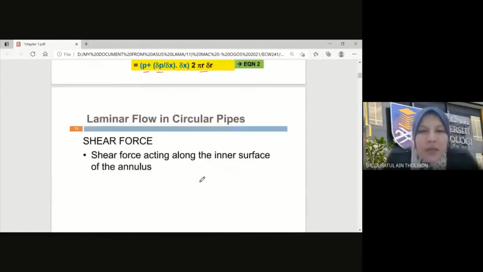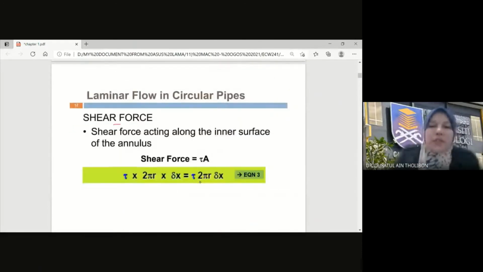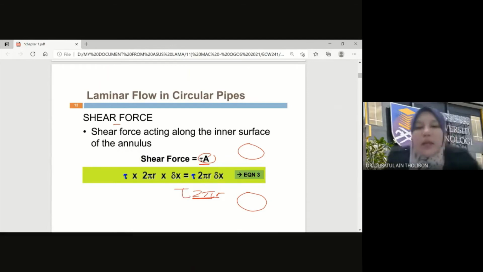And then we also have the force due to shear. So shear force we measure by tau times the area, the perimeter of the pipe. The perimeter of a circular area is measured by 2 pi r, kan. So we have tau here. So that's why 2 pi r times the direction of dx.